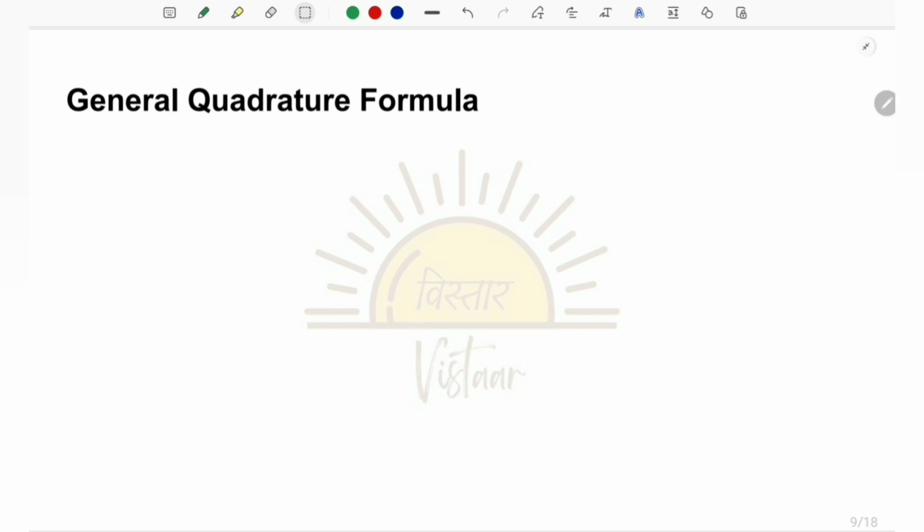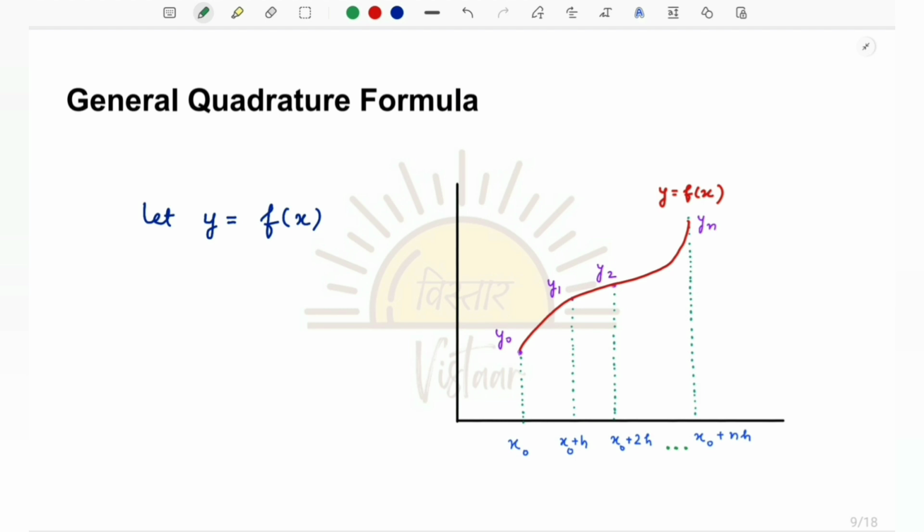Let there be a curve y is equal to f(x). Let's draw this curve and divide it into some equidistant points. Here we have taken various points y0, y1, y2 up to yn, which are equidistant, lying on the curve y.